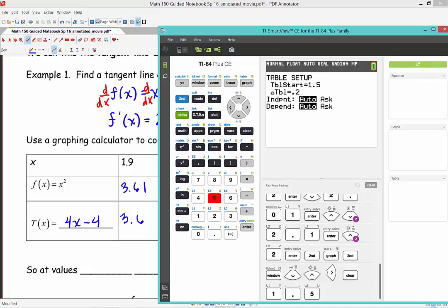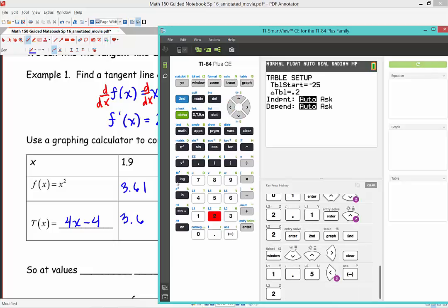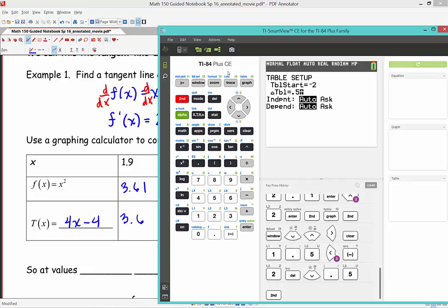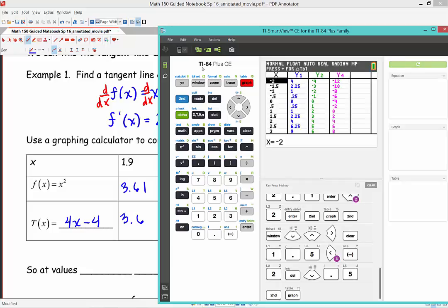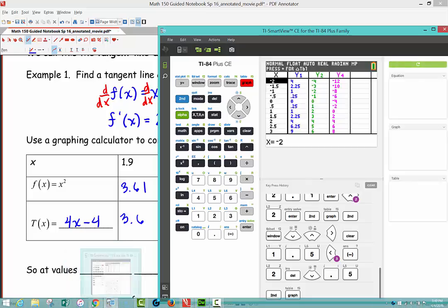Let's start the table earlier, at -2, okay? And then we'll have the change in the table be 0.5. And so let's take a look at what we get. So second table. Check out what's happening here. I'm going to copy this so we can discuss it more.